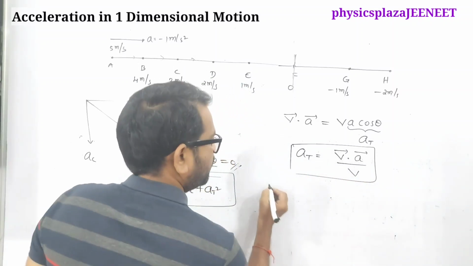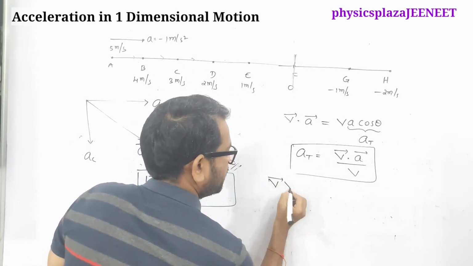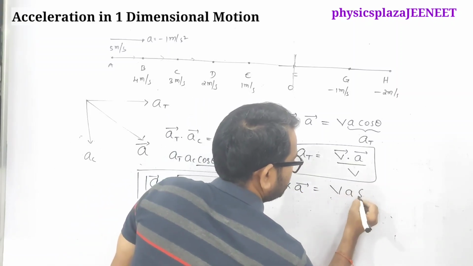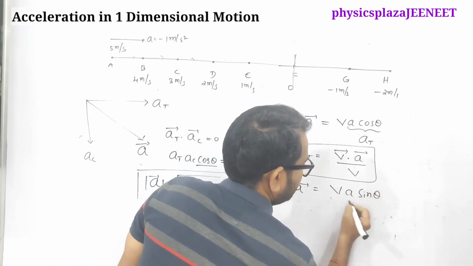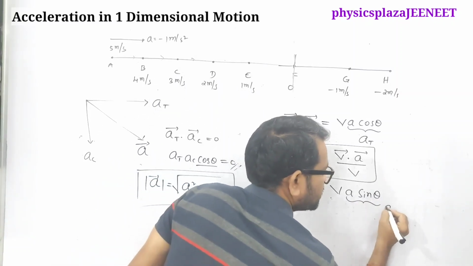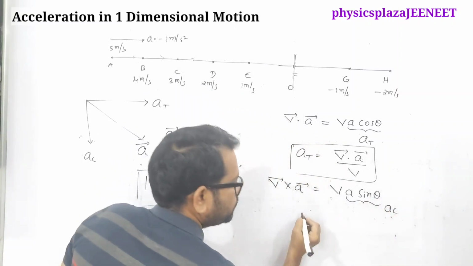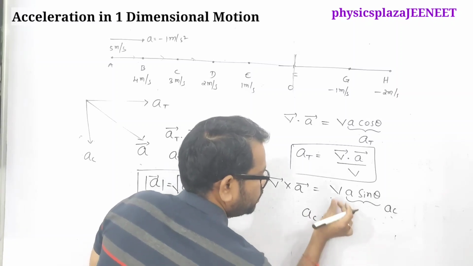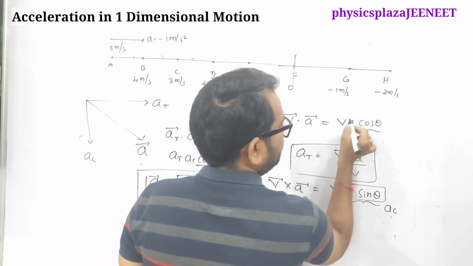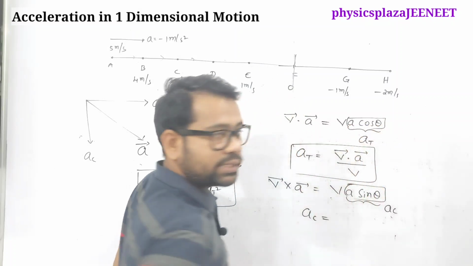Very simple. And here, V cross A can be written as V A sin theta. Children, what is A sin theta? The perpendicular component, which is nothing but the centripetal acceleration. Complete A sin theta is centripetal acceleration, and complete A cos theta is tangential acceleration.